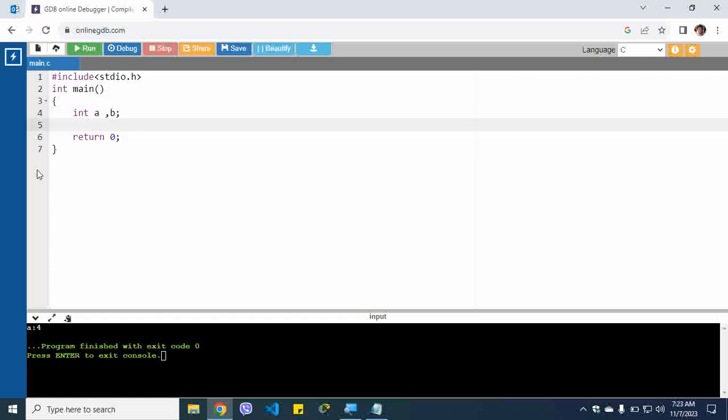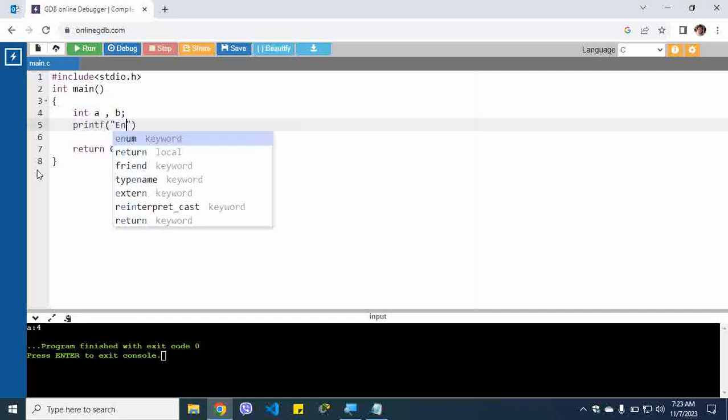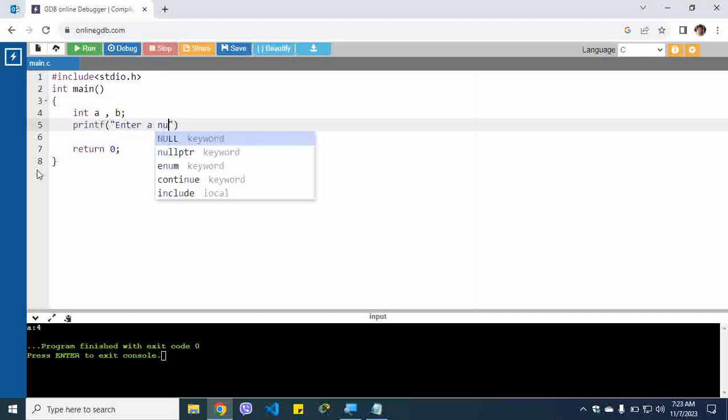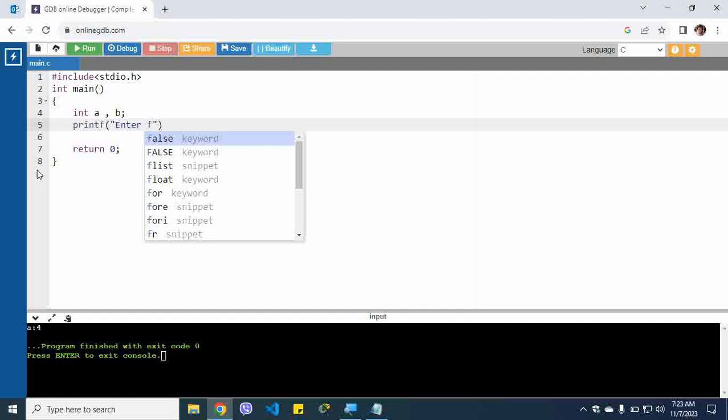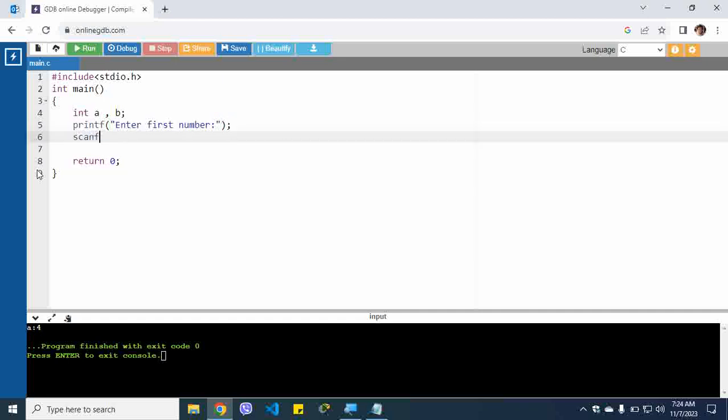We declare the two variables first. Enter a number, enter first number.